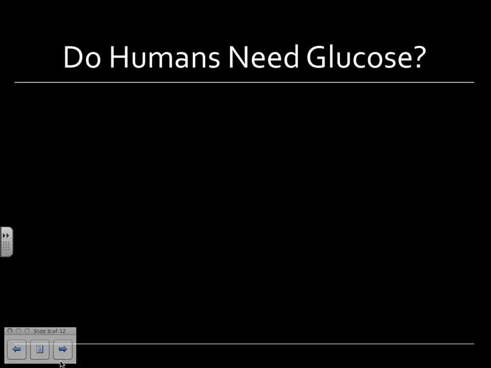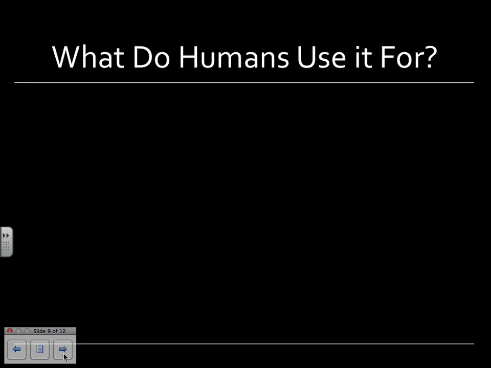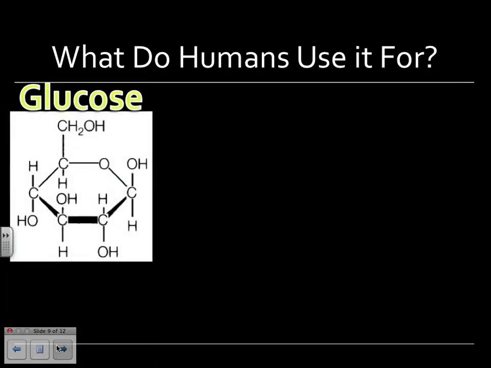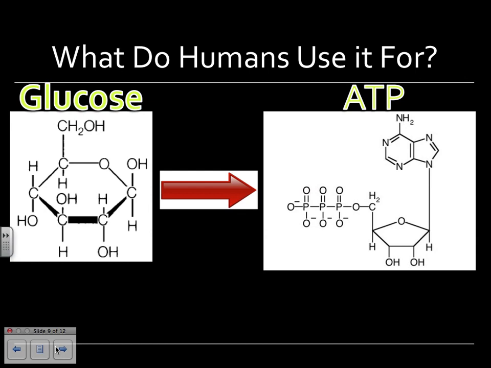That's what photosynthesis is, taking sunlight energy into a different energy form that the plant can use. Do humans need glucose? That might be a question that your students have. The simple answer is yes, they do. So humans or other animals take in glucose, and then they transform the glucose into an energy molecule that they can use called ATP.